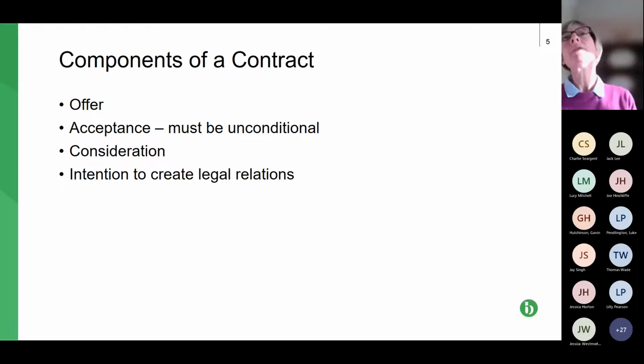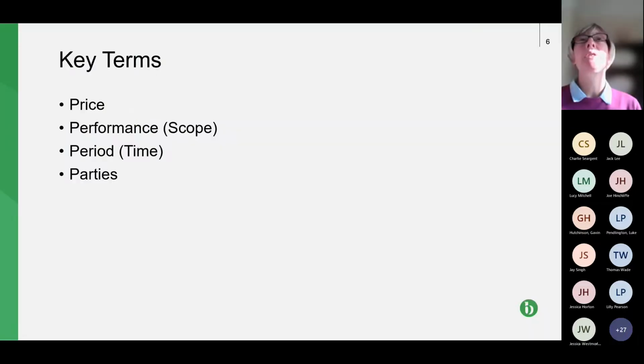So, if you've had an offer and acceptance and there's consideration, it will generally be deemed by the courts, by an adjudicator, that there is an intention to create legal relations, because the alternative is that work's being done on a voluntary basis, which definitely isn't the norm. But we'll see when we come to letters of intent how that might work against parties.